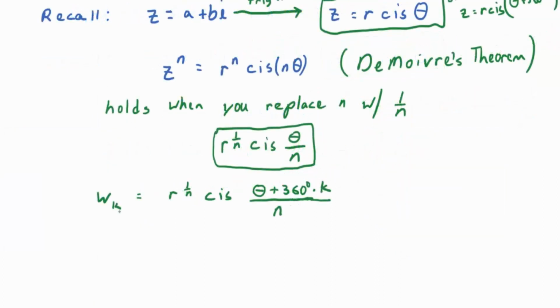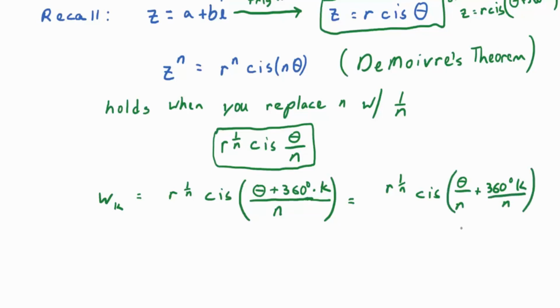So I present this formula, but I don't actually think about it this way. I think about it this way: r to the 1 over n cis, I think of it as theta over n plus 360 times k over n. And all that's telling you is that once you find the first one given by this formula, this is the only formula you need to recognize.